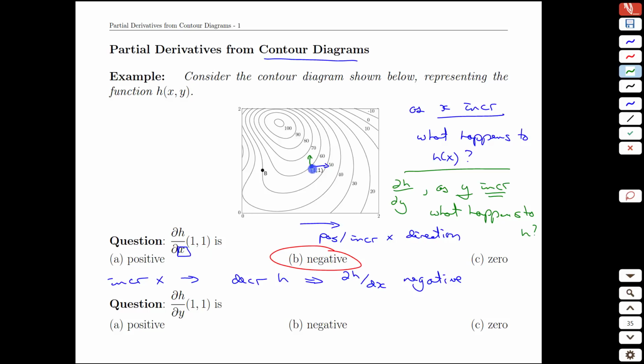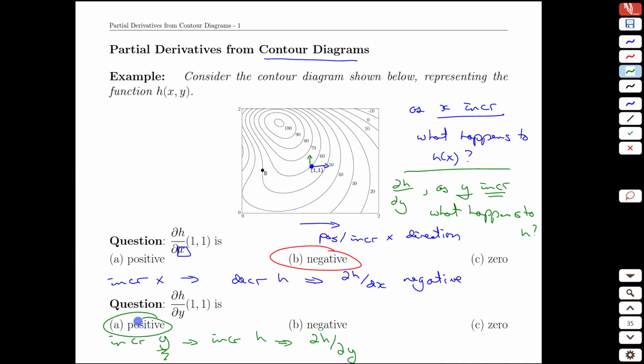Same idea. Take a step from where we are now in the vertical direction. We're at height 60 and we're heading towards the contour at height 70. If we increase y, then that leads to an increase in h, and so our partial derivative of h with respect to y is going to be positive.